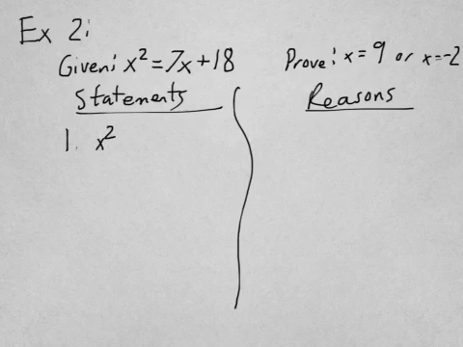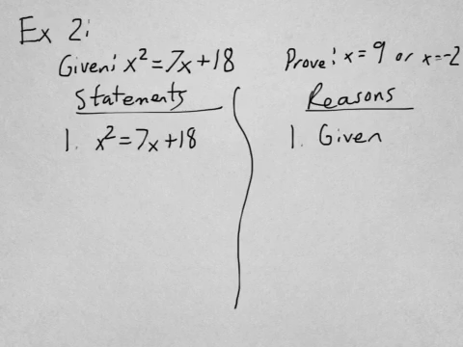So I'll write it down. x squared equals 7x plus 18. That's given. What are we trying to prove here? We're trying to prove if that equation is true, then we know that either x equals 9 or x equals negative 2.